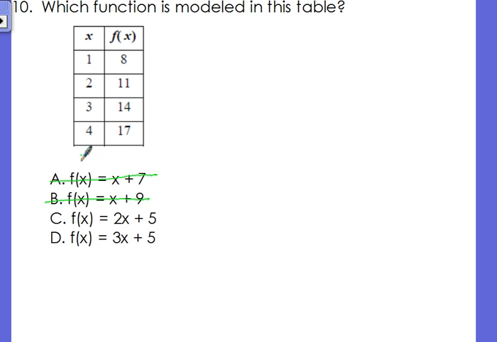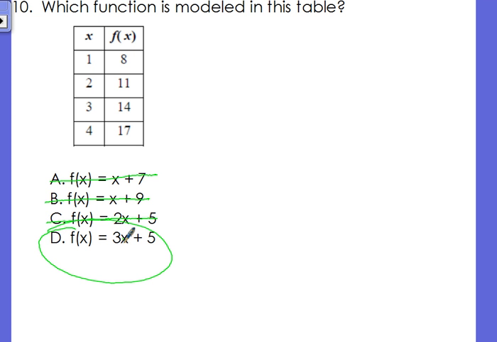But notice it does work for the second one, so be careful with that. The answer choice C, 2 times 1 is 2, 2 plus 5 is 7, so that's not going to work. And then this last one is the one that works.